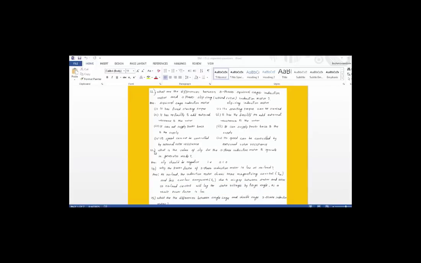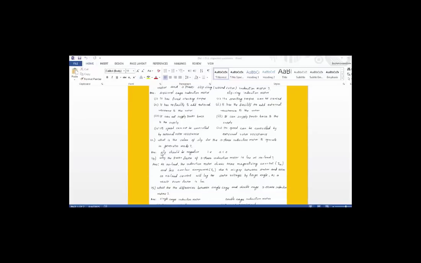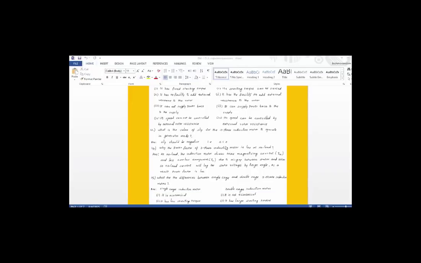Next, 13th question. What is the value of slip for the three-phase induction motor to operate in generator mode? The answer is slip should be negative for generating mode of three-phase induction motor, that is S is less than 0. Next, 14th question.